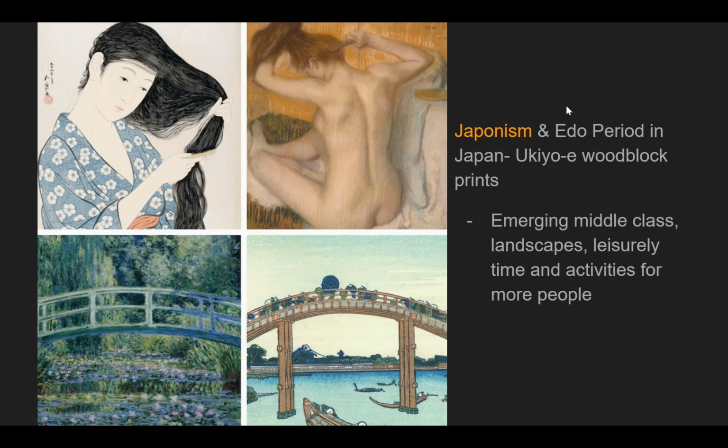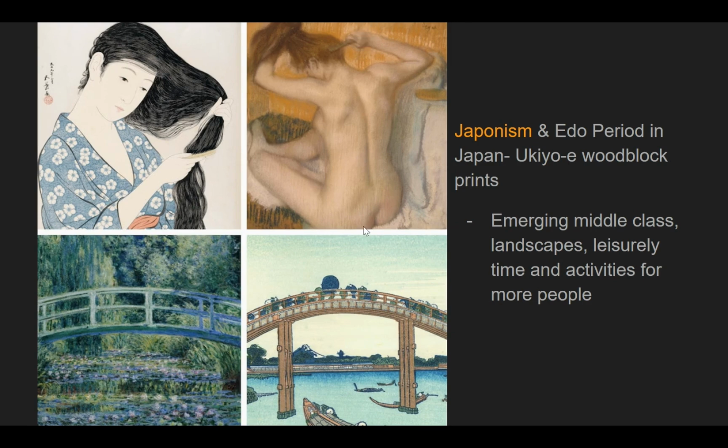And so they're depicting just normal everyday activities where artists can sit and take these images, and where these Japanese artists are out in nature. Not with tube paints yet, but they're depicting scenes of nature. And so we have that appeal to what's happening in Europe with our Parisians, where they too have this emerging class and these leisurely activities, and they're challenging the norms of art.